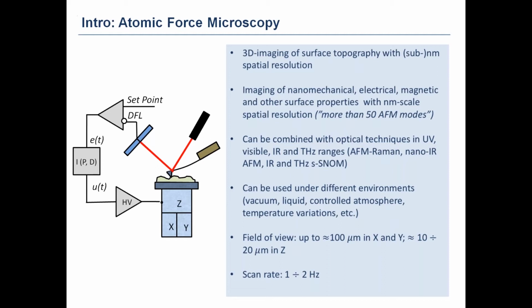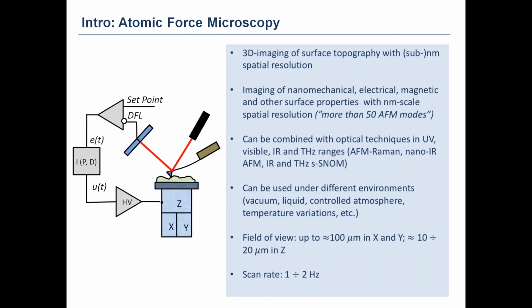AFM is a good tool because it can also be combined with optical techniques in a wide spectral range: ultraviolet, visible, infrared, or even terahertz. There are a number of AFM-Raman systems, nano-infrared AFM, and infrared and terahertz scanning near-field optical microscopes.